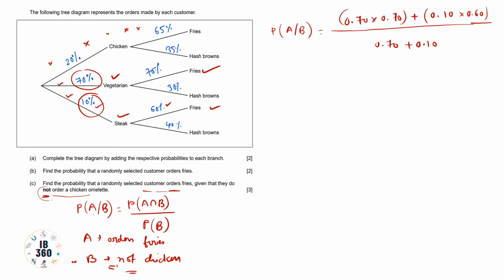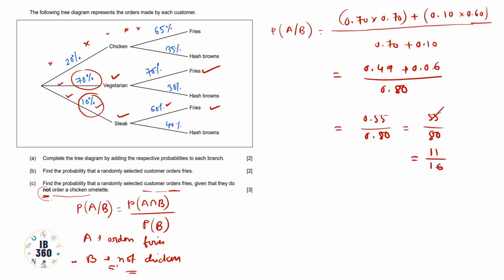That's why there is multiplication, then the OR operator. So from here we get 0.49 plus 0.06 divided by 0.80. That is 0.55 divided by 0.80, so basically 55 divided by 80. Dividing by 5, it is 11 by 16. So this is the answer.